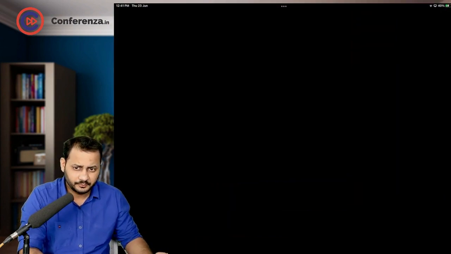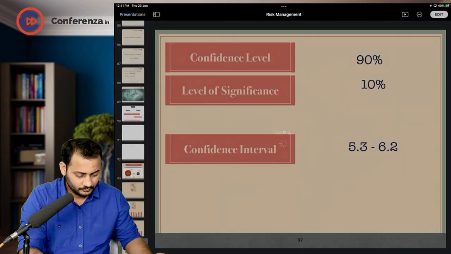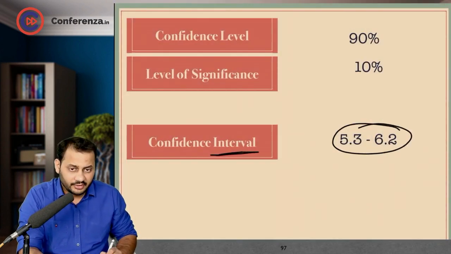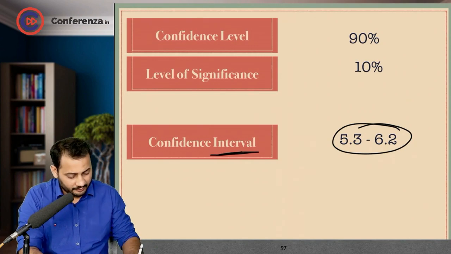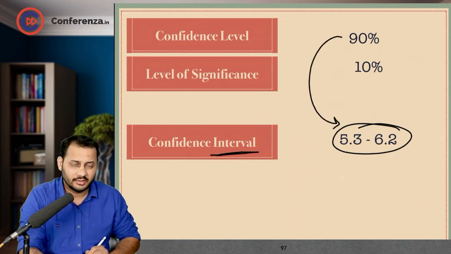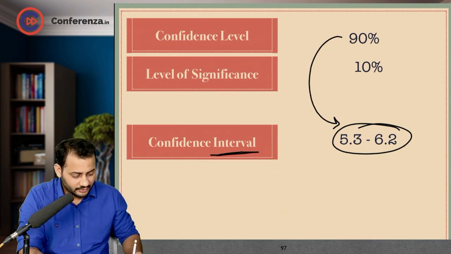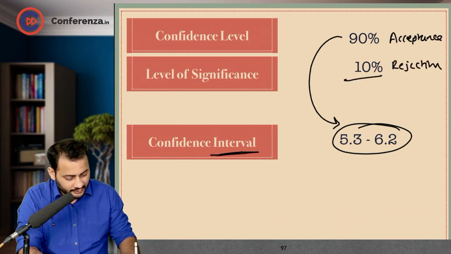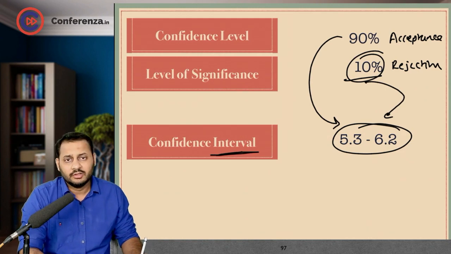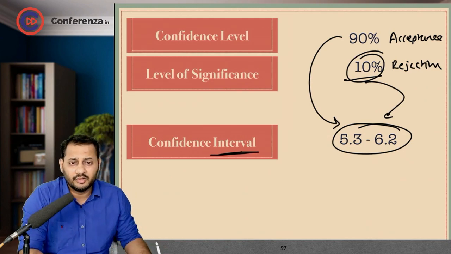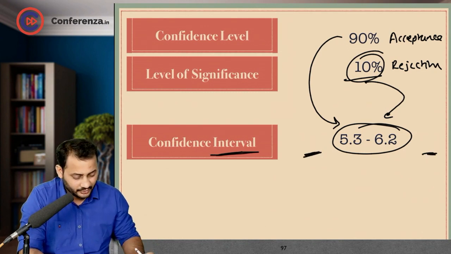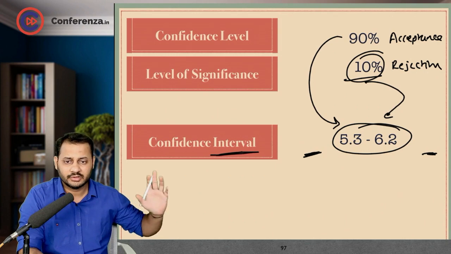This is the confidence interval, the range 5.3 to 6.2, and I'm 90% confident that anyone you pick will fall under this category. So this gives you the acceptance level and this gives you the rejection level. There is a 10% chance that someone whose height is being calculated will not fall under this category. He might be somewhere here or here, beyond this category. So this is the confidence level, level of significance, and confidence interval.